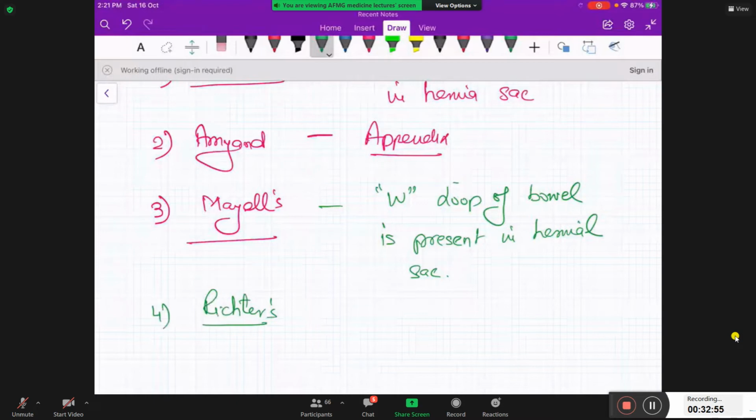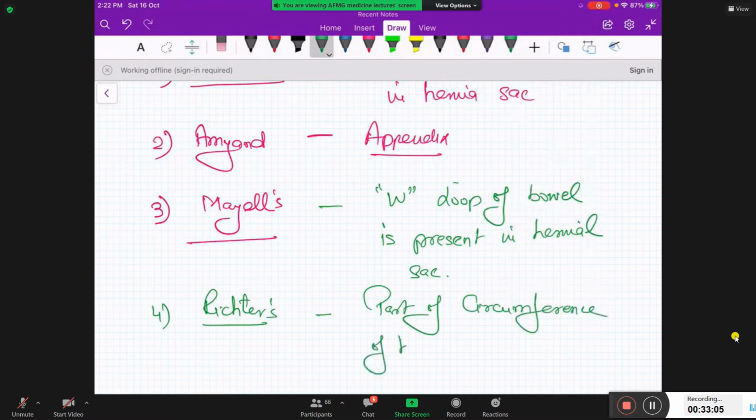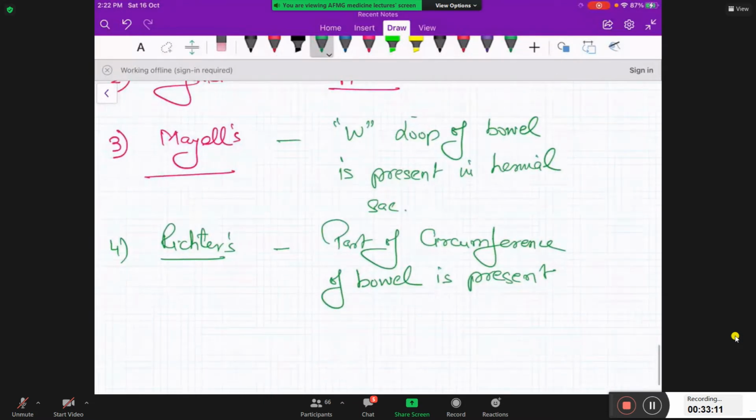Richter's hernia is when a part of the circumference of the bowel is present in the hernial sac and is gangrenous.